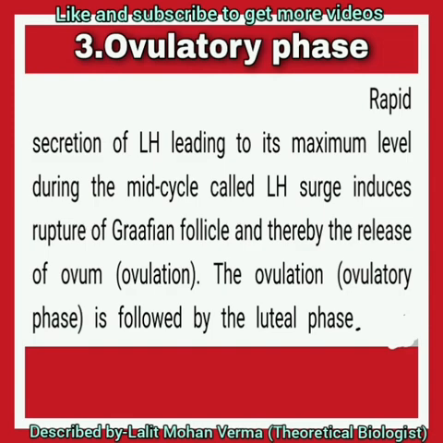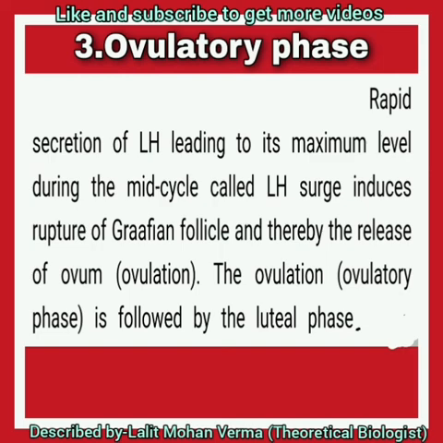Now, the ovulatory phase, this is the third phase. It happens on the 14th day. Rapid secretion of LH leads to a maximum level during the mid cycle, that is the LH surge. Mind it, LH surge.